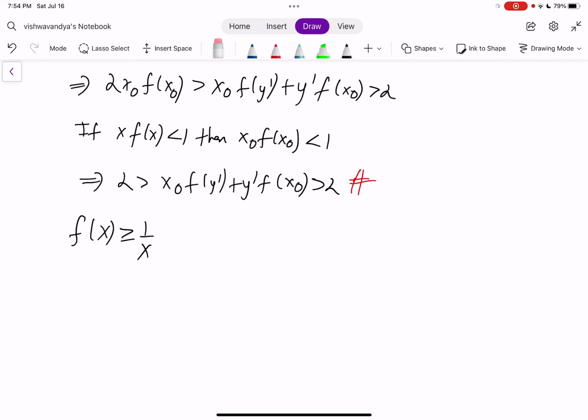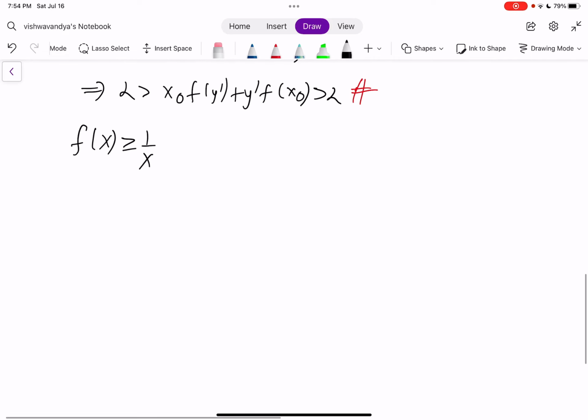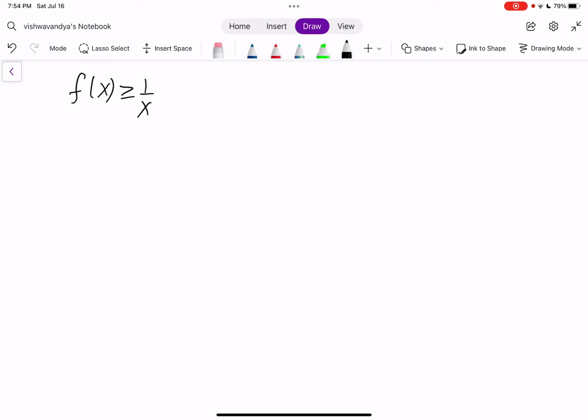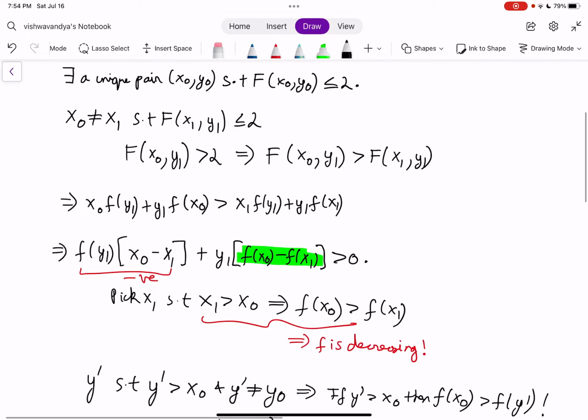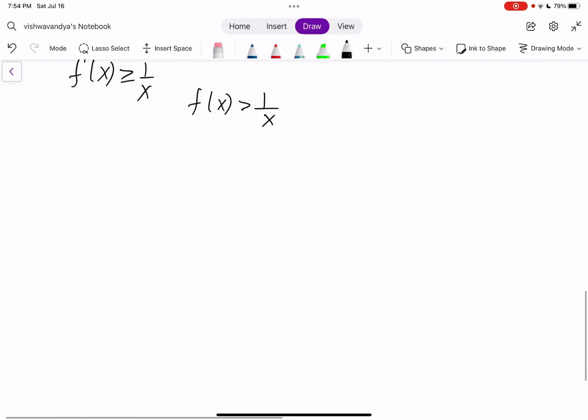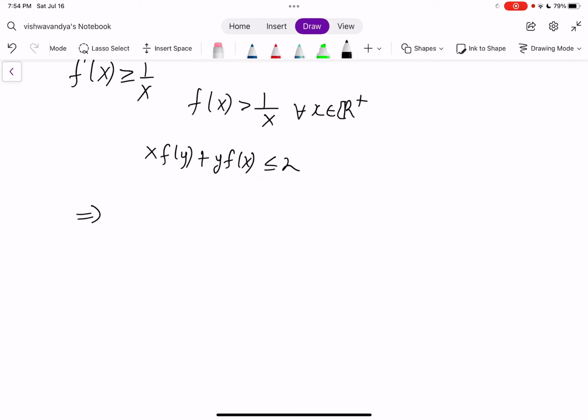Well, we are almost done now, because if we take f of x greater than 1 over x, then according to the original assertion, which was x f of y plus y f of x is less than or equal to 2 for all positive reals, f of y must be at least 1 over y.